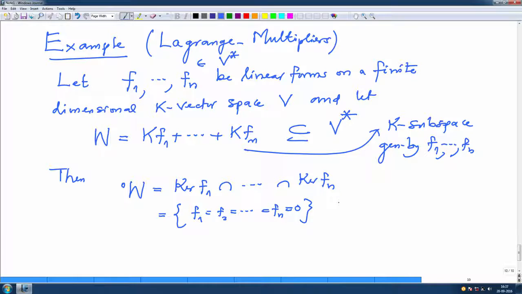Think of linear forms as equations. This is a K subspace of V. Then what is the codimension? This one is generated by n elements, so the codim of left circle W in V is less than or equal to n.